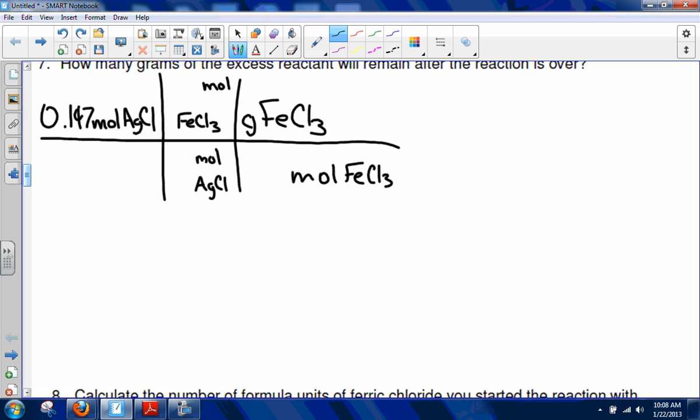So in front of ferric chloride, what coefficient did we have? A 1. In front of silver chloride, what coefficient did we have? 3. And what was our molar mass of ferric chloride? 162.204. Multiply straight across on the top.